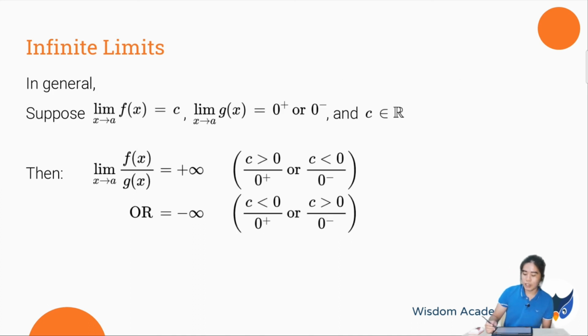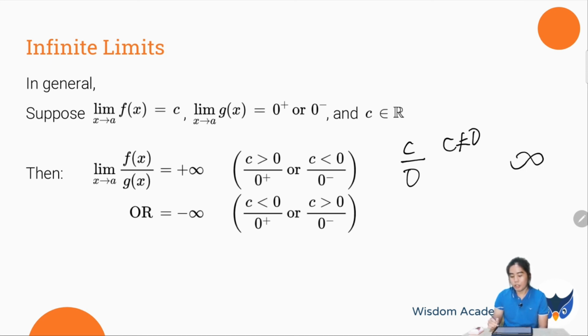So, in general, kapag nakakuha tayo ng constant over 0, where constant is not equals to 0, infinite siya. Pero, yung sign, kung paano natin malalaman, simple lang. If positive si 0 na denominator and positive si numerator, edi positive.